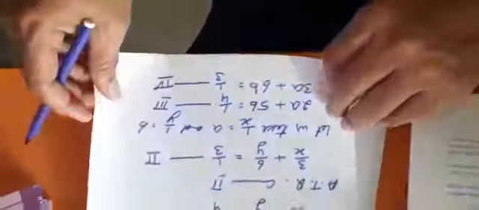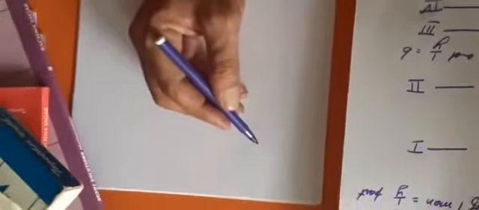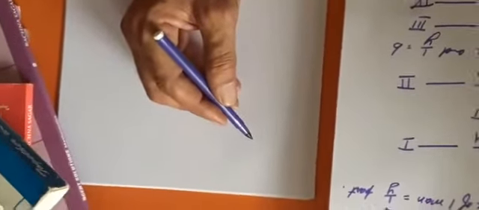Let us solve them. If you want to solve them, see here, to eliminate a, you will have to multiply equation number 3 by 3 and equation number 4 by 2.